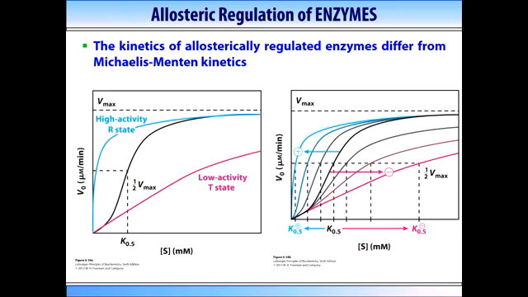The kinetics of allosterically regulated enzymes usually differ from Michaelis-Menten kinetics, and have a so-called sigmoidal shape. The enzymes basically go from the highly active state to the low active state.